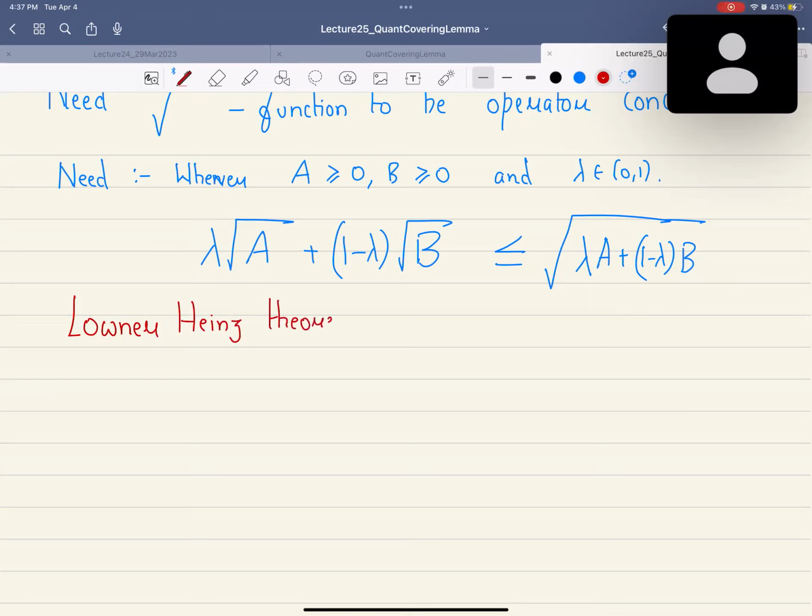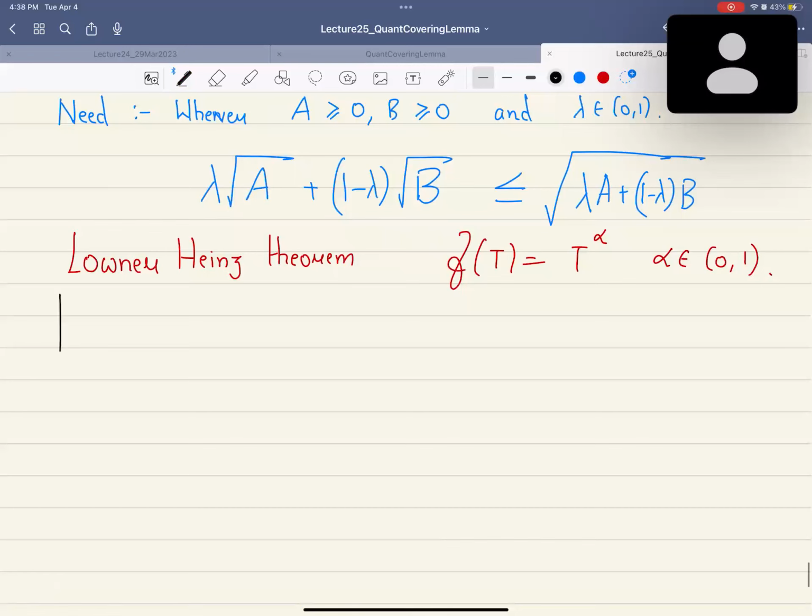So he gives you a range of conditions: when I have a function f of an operator T as T power alpha for some range of alpha, it gives you conditions for concavity. So the Lerner-Heinz theorem proves operator concavity of the square root function.